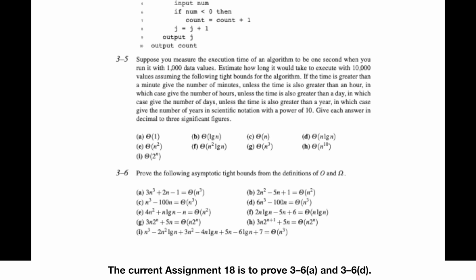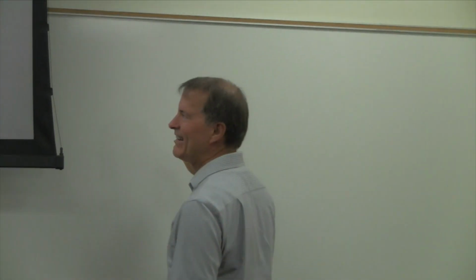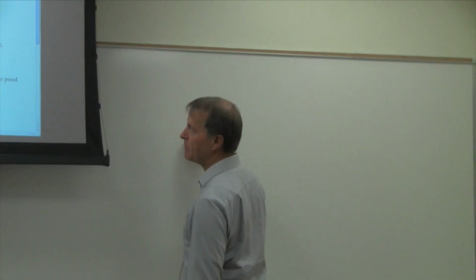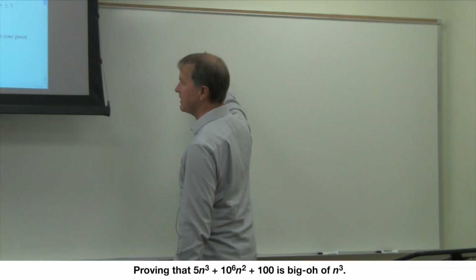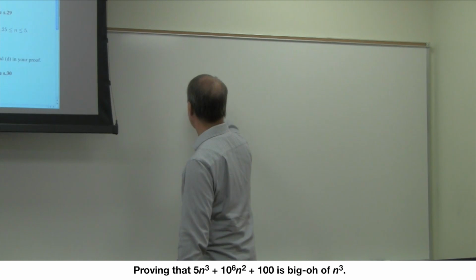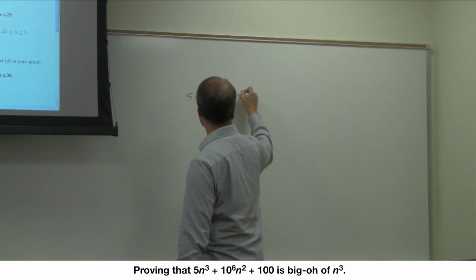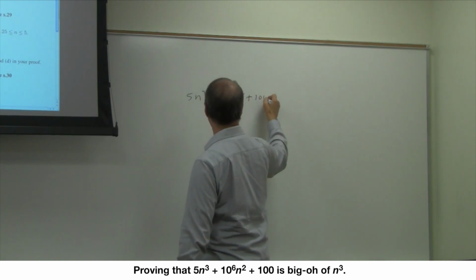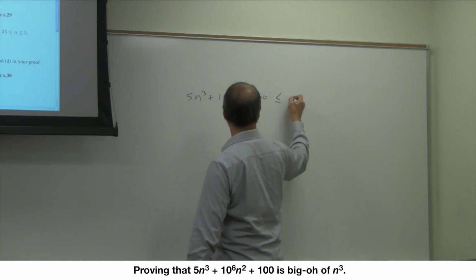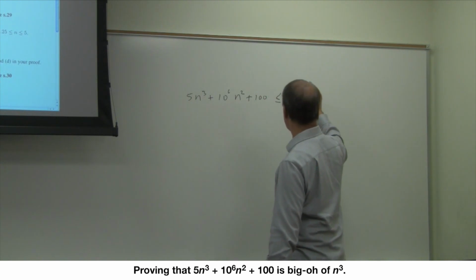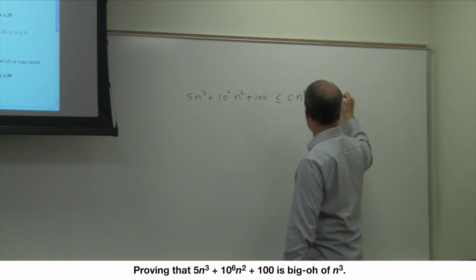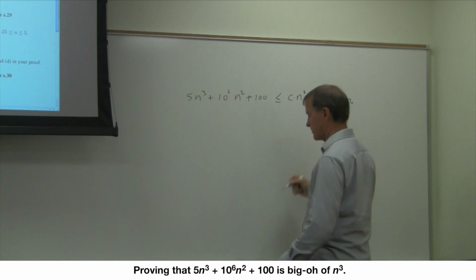You must show that there exist positive C and N naught such that, for the big O, 5n cubed plus 10 to the 6th n squared plus 100 is less than or equal to C times n cubed for n greater than or equal to n naught, right?